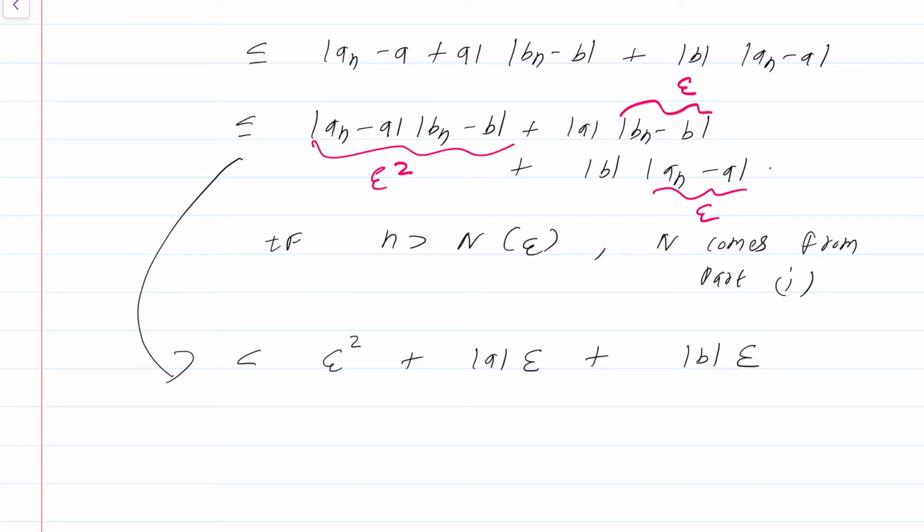Okay, which is less than epsilon times (|a| + |b| + 1). Here I am assuming epsilon is strictly less than 1, which I can just choose.